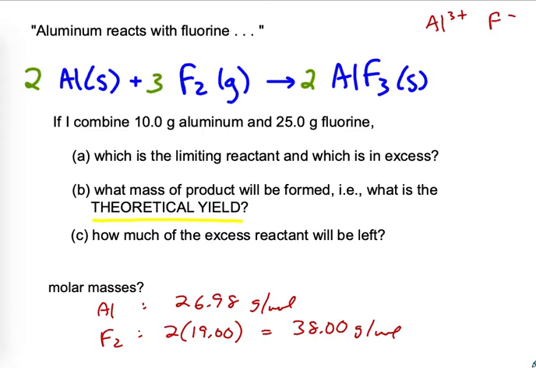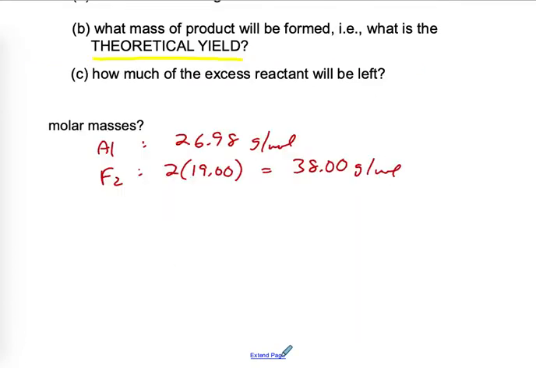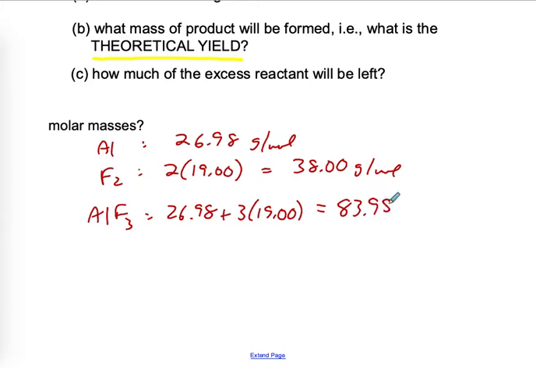And for aluminum fluoride, I will calculate a value of 26.98 plus 3 times 19.00, or 83.98 grams per mole.